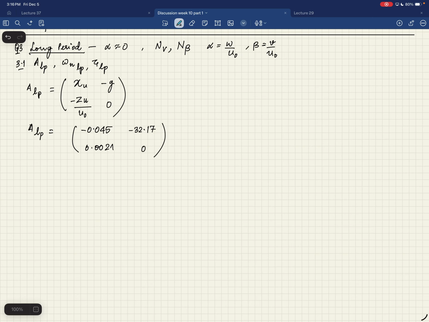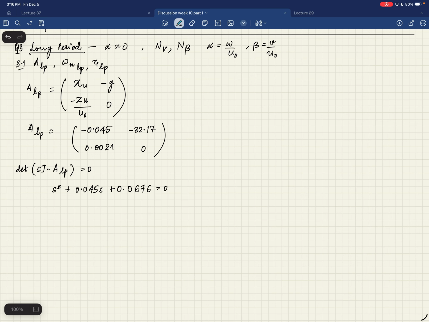You construct the characteristic equation of your system matrix and put it equal to 0. When you do this, you are going to get s square plus 0.045 s plus 0.0676 equals 0.